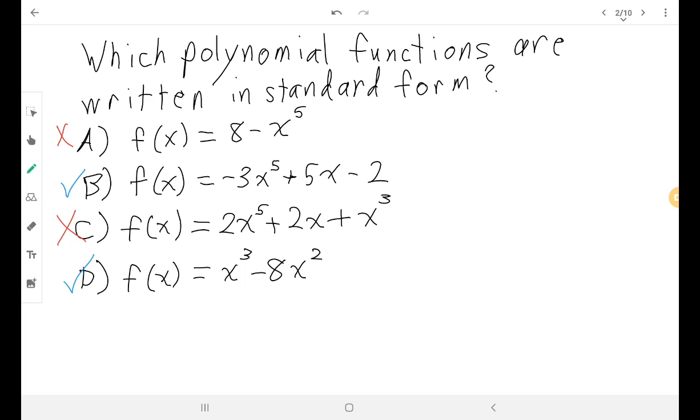So I'll give you a moment to look at that and a moment to ask any questions. You can put them in the chat or unmute and ask questions now. Okay. Doesn't look like there are any questions. So if there are no questions, I'm going to move on.